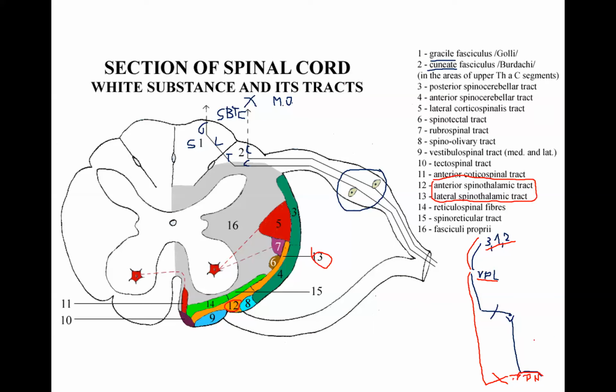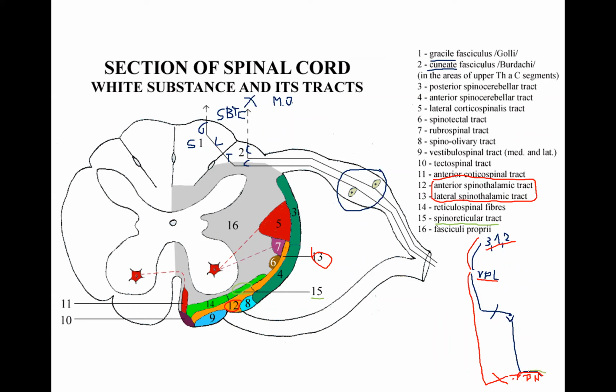So it comes to the same area in the cortex by a different way. And when we have a transection here, we will have different symptoms, and I will explain this. So that's very important. Then for the slow pain, we have the spinoreticular tract, which is just close to it. Here, number 15.